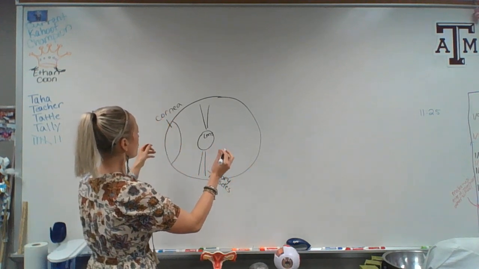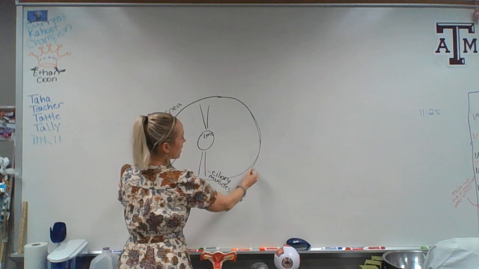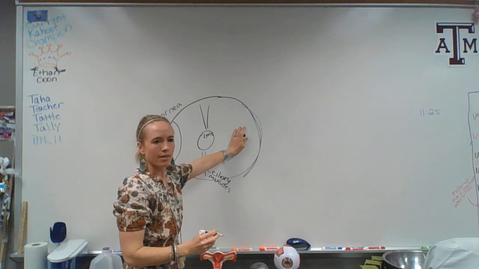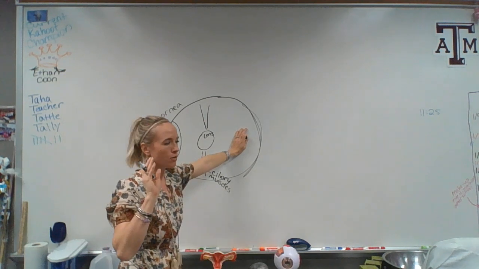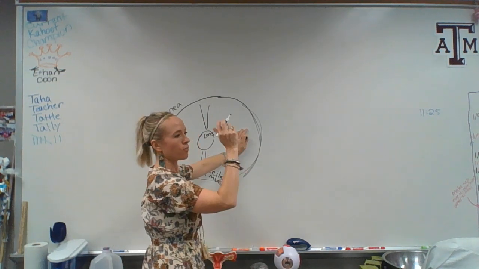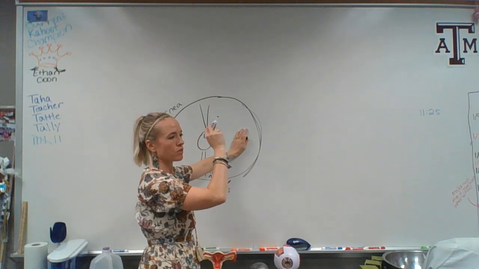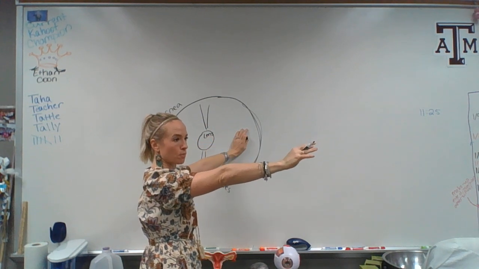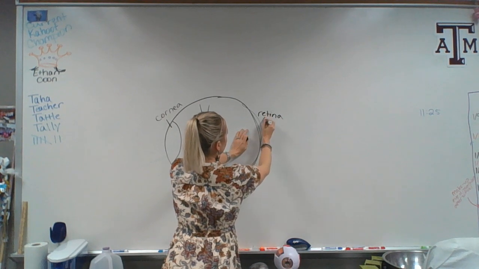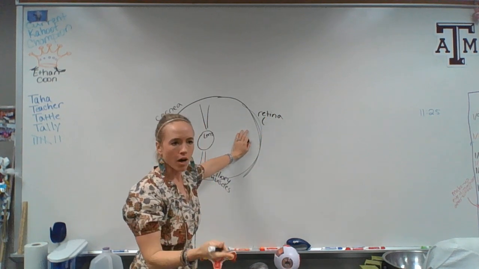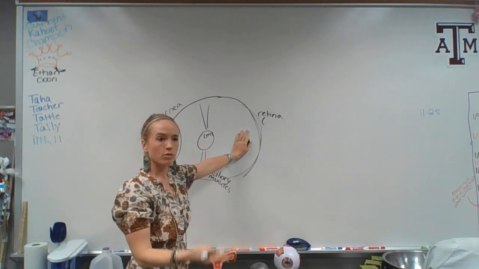All right, so in the back of your eye, this is the big important part. This is the retina with the receptive cells that send the image to your brain. So the retina, that's the part that has the rods that see black and white and the cones that see color.